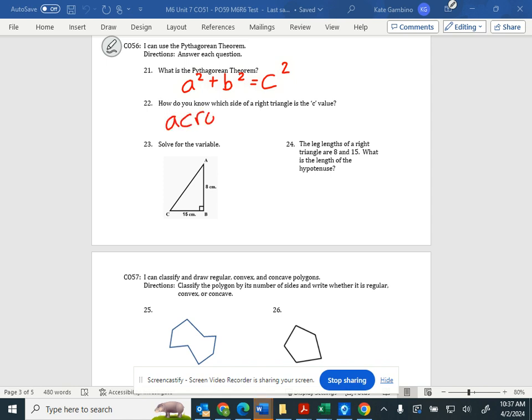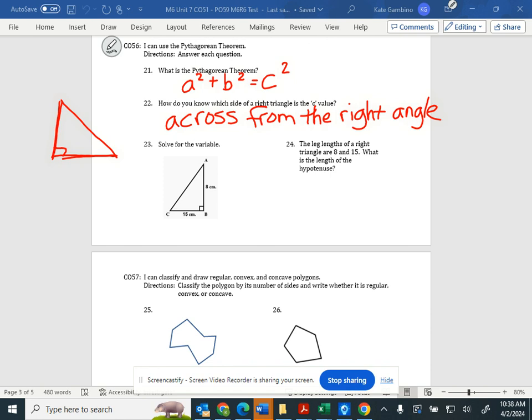Yeah, it's across from the right angle. So when we have that right angle, we know the two sides that form the right angle are the A and the B. The C is across from the right angle. The hypotenuse is the C.